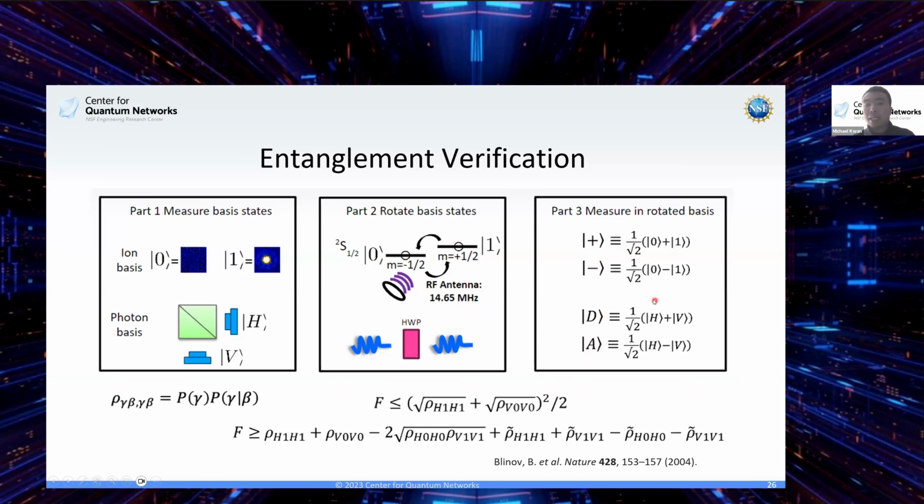Then you do that measurement again using fluorescence and the beam splitter. You measure those populations, they give you a number between 0 and 1, and you plug it in here, and that will give you the fidelity, which measures how good your ion photon entanglement is.